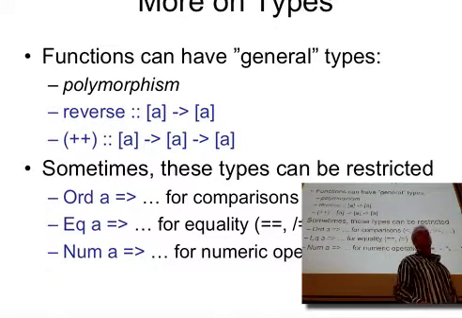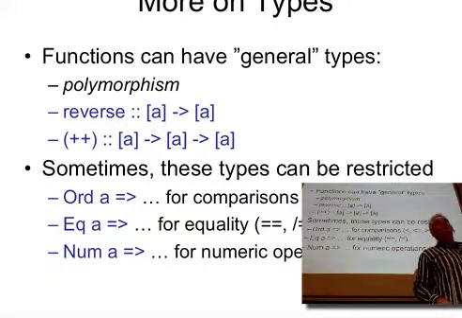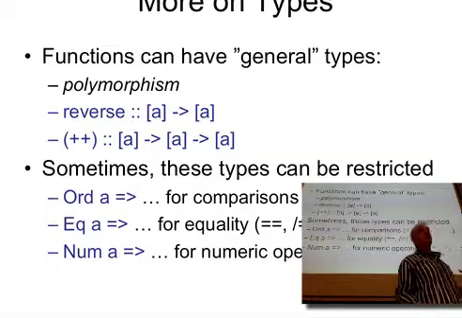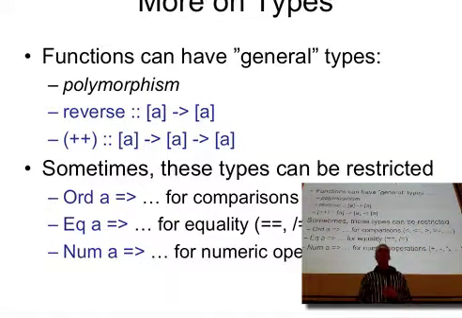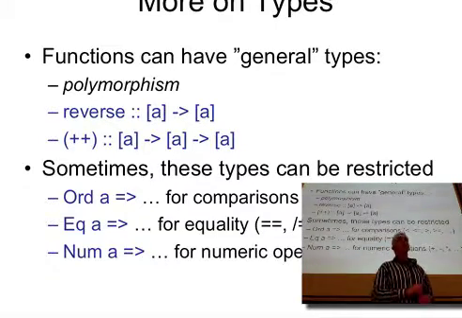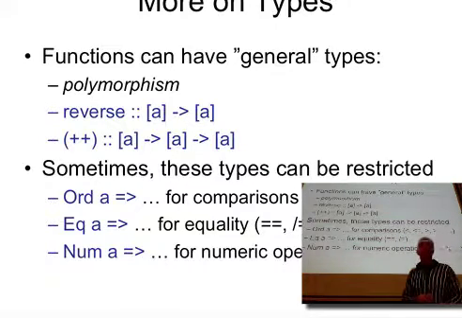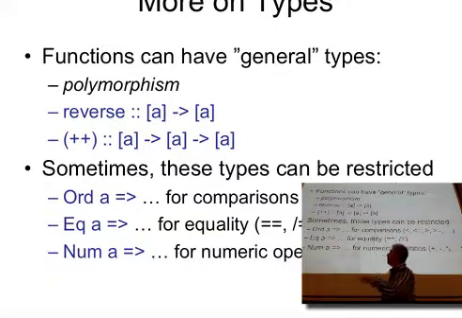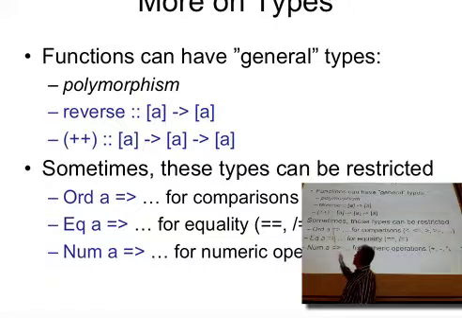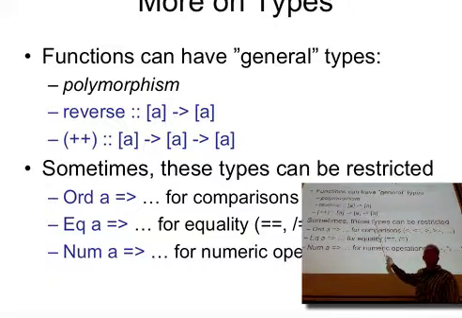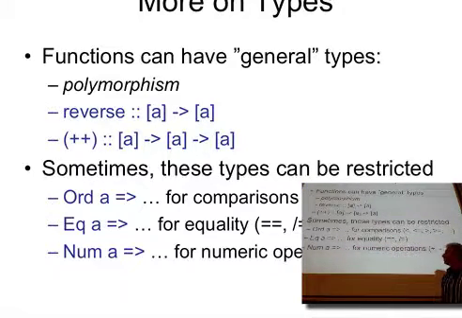The algorithm for reversing a list is the same, no matter what the list contains, because to reverse a list, you don't need to look at the things in the list. And for that reason, reverse is a purely polymorphic function. The same thing can be said for the append operation, which takes a list and another list and joins them together to produce a third list.